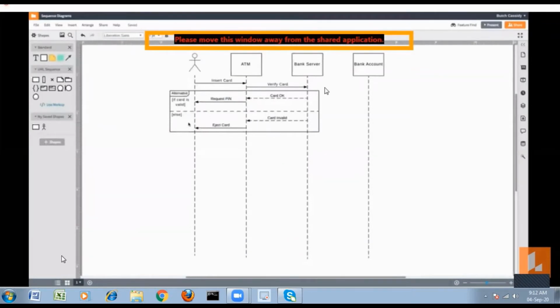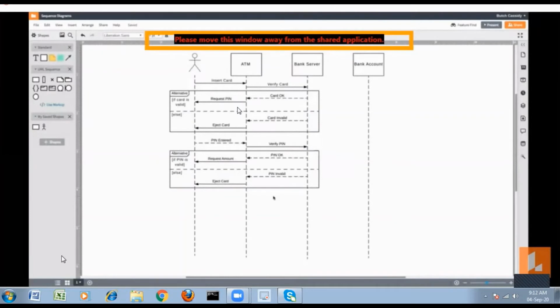So basically this box is used to put an if and else condition, to put an alternative to a particular event that is taking place. For one event, there could be two alternative actions. In the first case, it would request a PIN if the card is valid, and in the second case, it would tell them to eject the card if the card is invalid. Okay, so this is your first event. Moving on.